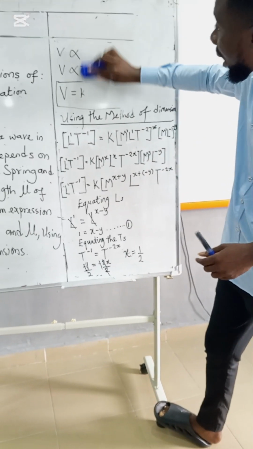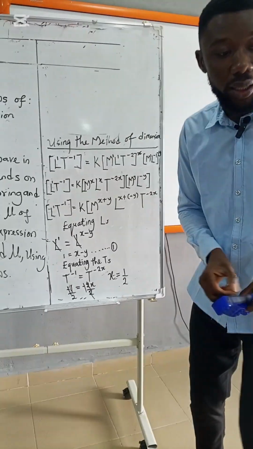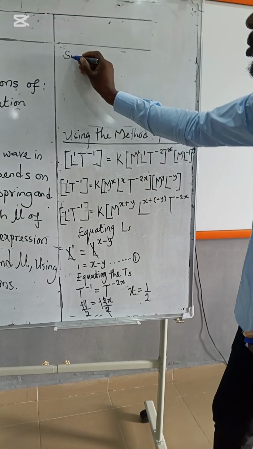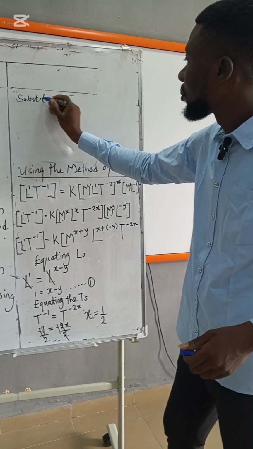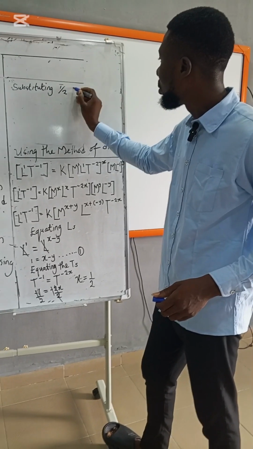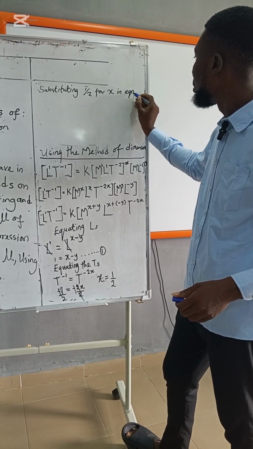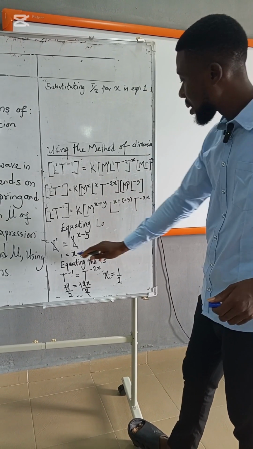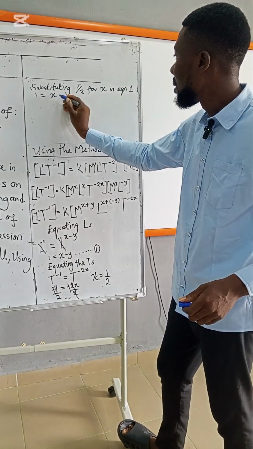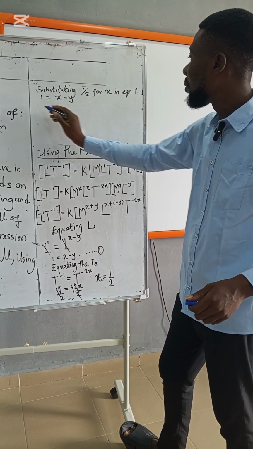Knowing that x is equal to 1 all over 2, we can easily find the y, since we have already gotten the value for x. Okay, so y becomes, substituting 1 all over 2 for x in equation 1. Equation 1, we have 1 is equal to x minus y. So in place of x, I'm going to be writing 1 over 2.